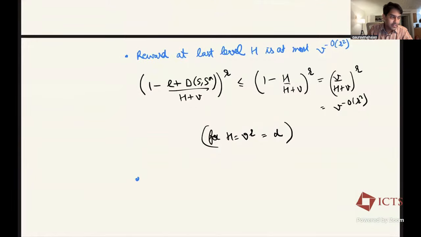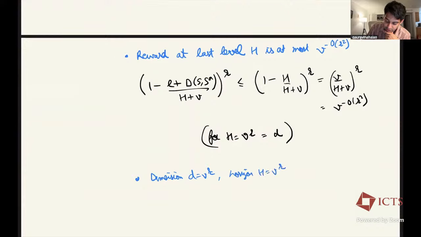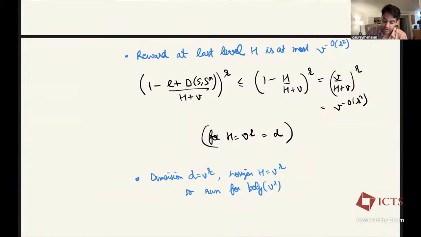Okay, so what does that mean? Our feature dimension is V to the R. Our horizon H is also V to the R. So our polynomial time RL algorithm will run for at most poly V to the R time.